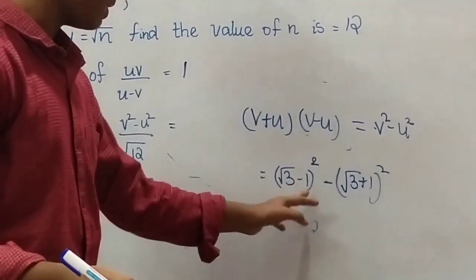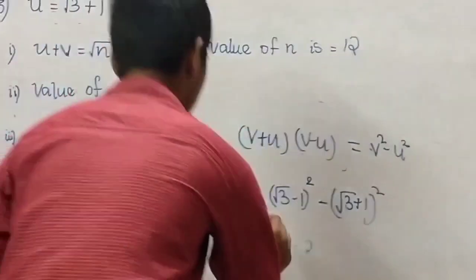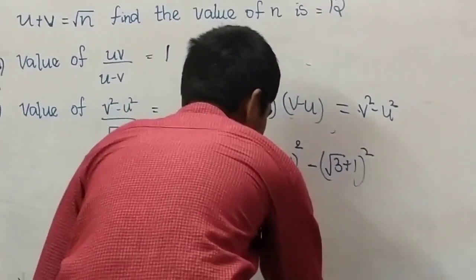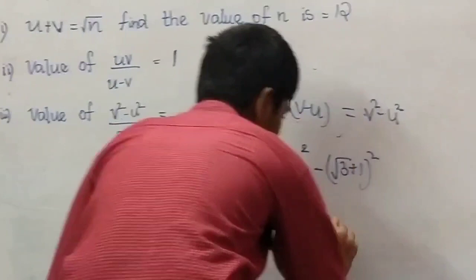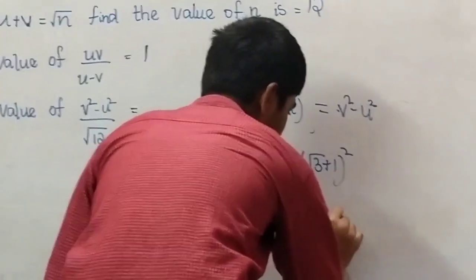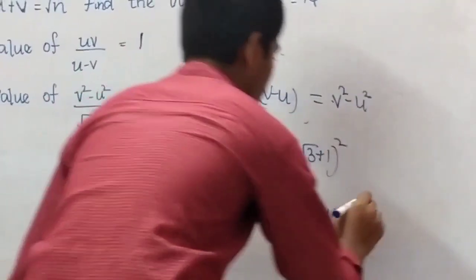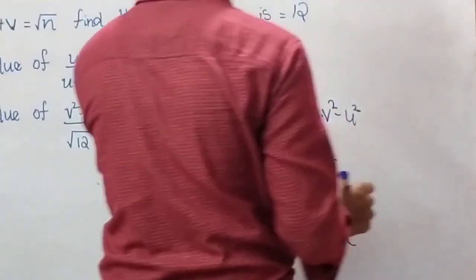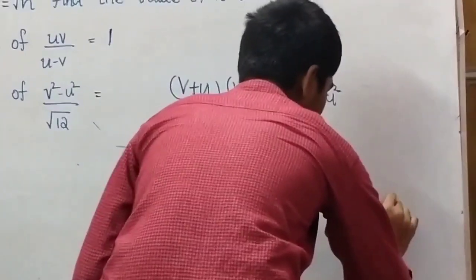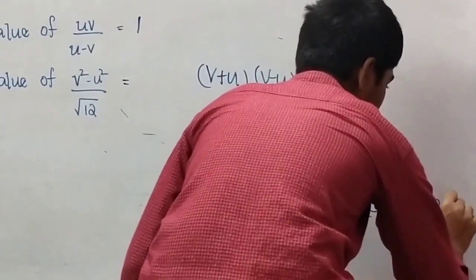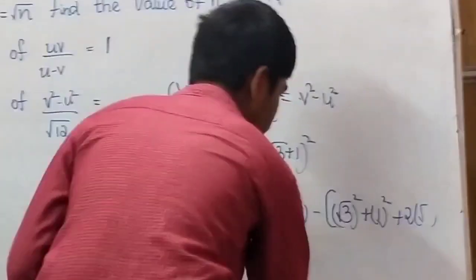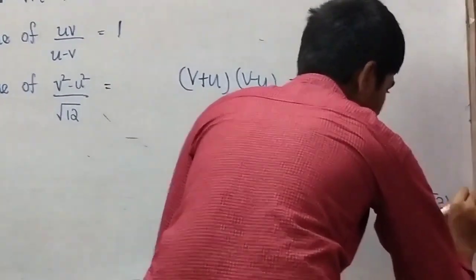Now we solve (a minus b) whole square minus (a plus b) whole square. That is root 3 whole square plus 1 whole square minus 2 into root 3 into 1, and we keep the bracket because of the minus sign, minus (root 3 whole square plus 1 whole square plus 2 root 3 into 1).